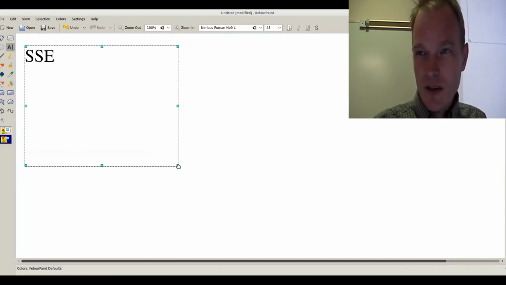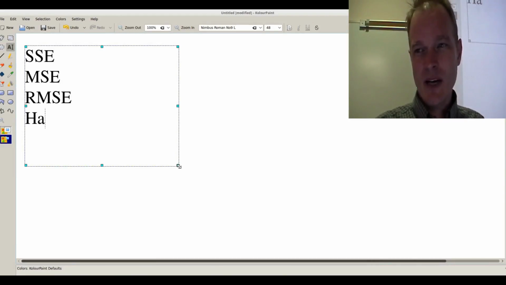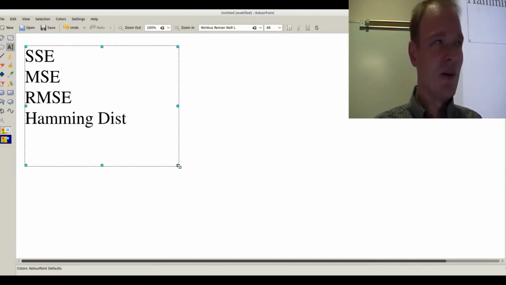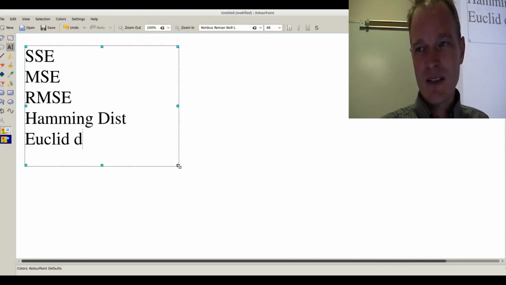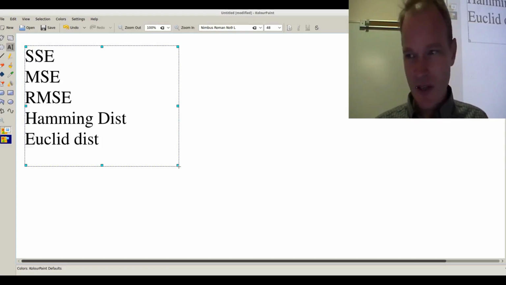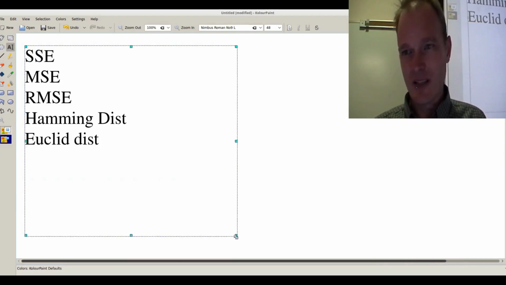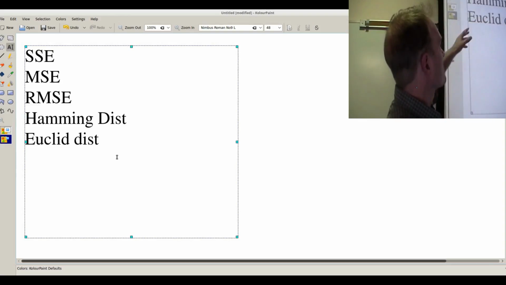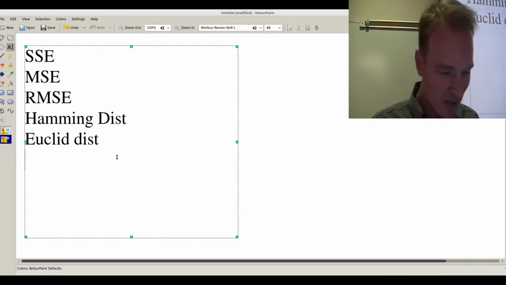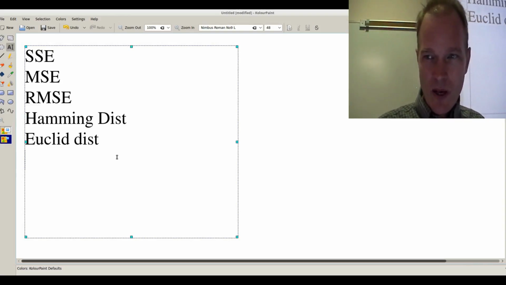Sum squared error, mean squared error, root mean squared error. We just talked about Hamming distance, so you got that one down now, right? You better know Euclidean distance, not because I taught it, but just because you're grad students and that's a basic thing to know. And these are kind of the main error metrics we know.